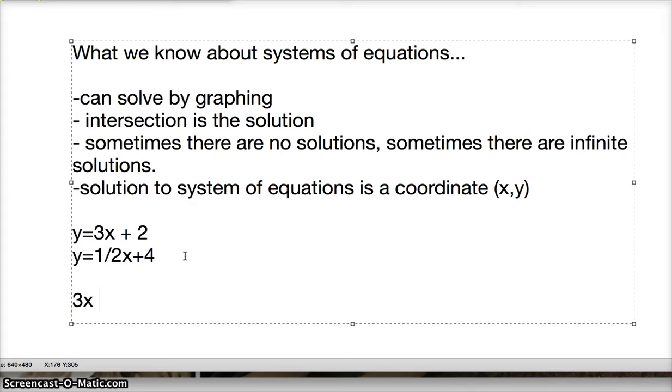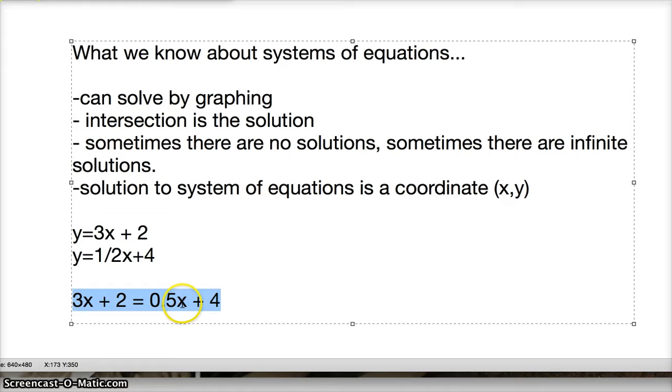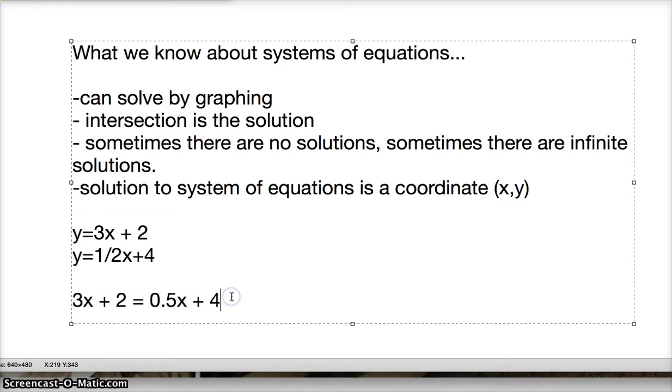You would put 3x plus 2 equals 1/2 x. I'm going to change that to 0.5x so it looks a little nicer, plus 4. And do you remember a couple weeks ago we were working with equations that had variables on both sides? Sometimes you needed to distribute or combine like terms, and then you would solve them.